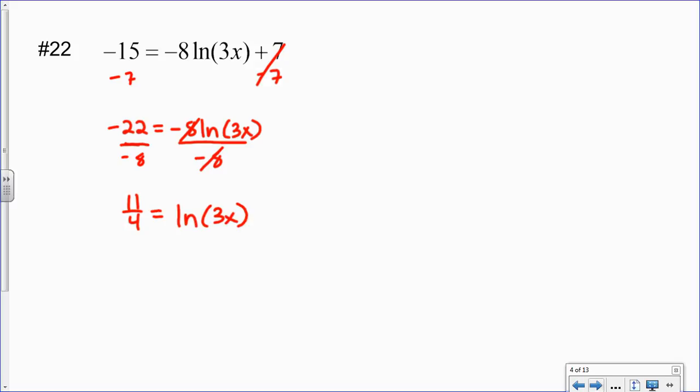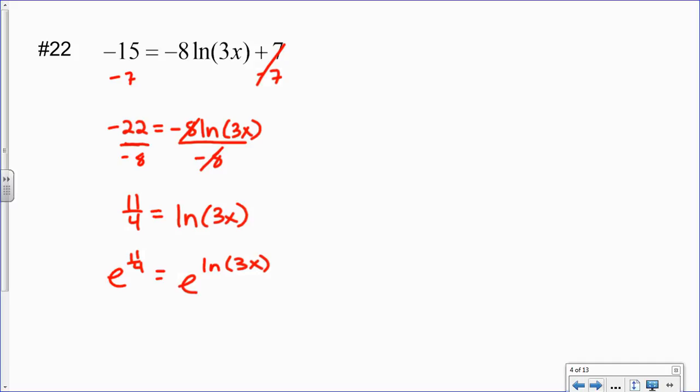I can't do anything with the 3 yet because that's inside the natural log function. Okay. So Mason, what would I do now? Okay, exponentiate both sides by e. So that means take what you have and put it in the exponent with base e.